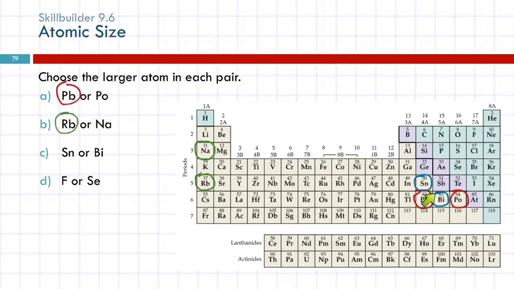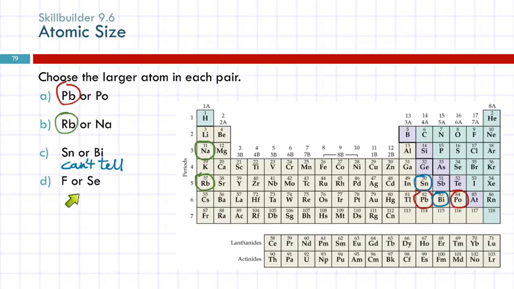But we have a trend of going down that says that bismuth would be larger than tin. Those are conflicting. So the best I would expect of you is can't tell. You can't tell just by looking at the periodic table.